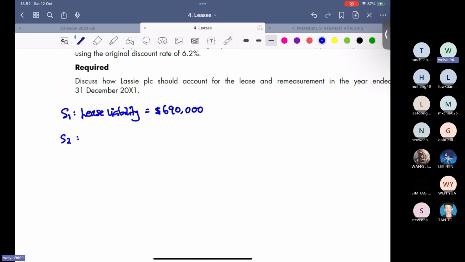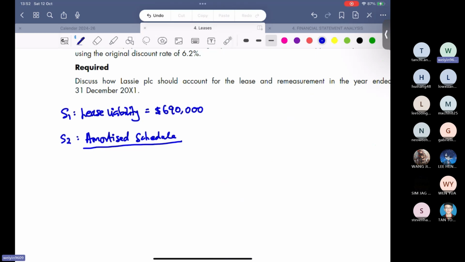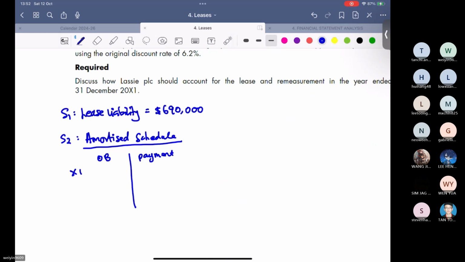So we have S2, the amortized schedule. We have X1, opening balance, beginning of the year. I have payment first, then 6.2% interest, then closing balance.